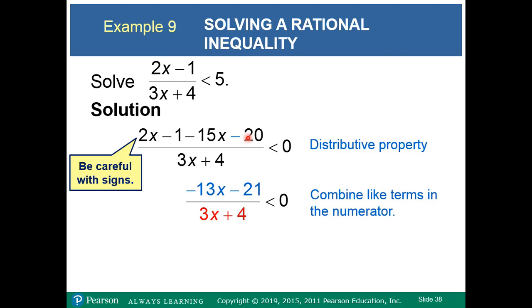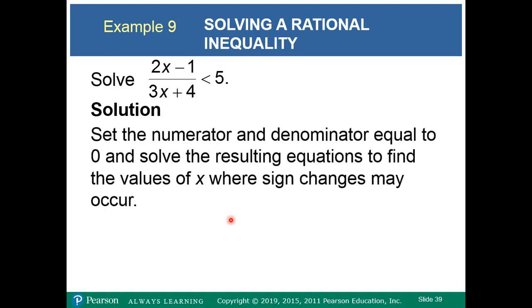So now we're going to set the numerator and the denominator equal to 0 and solve for the resulting equations to find the values of x where the sign changes may occur. Remember, when the numerator is equal to 0, that's telling us where the zeros are. When the bottom is equal to 0, that's telling us where the restricted values are, and we need to know those as well.